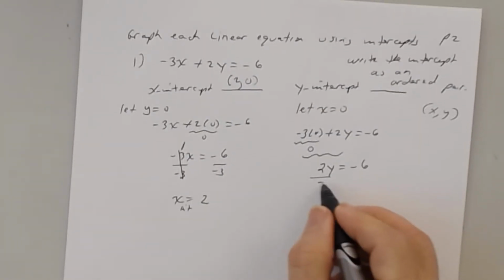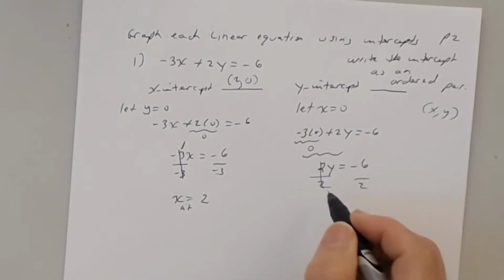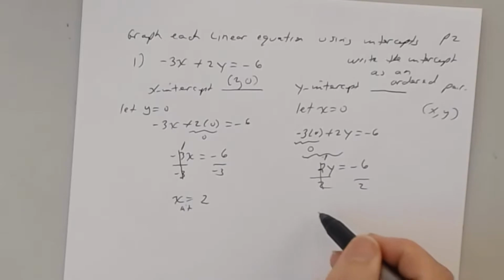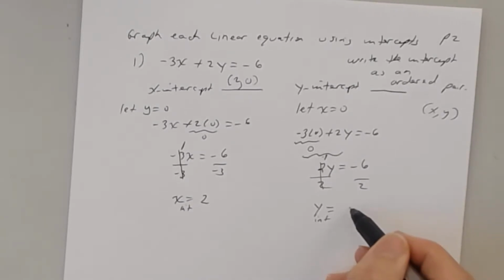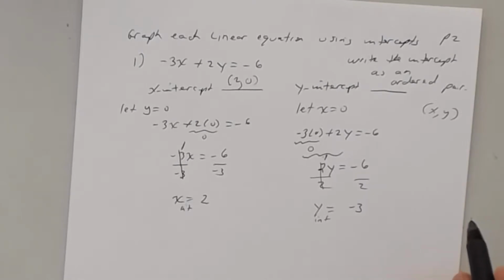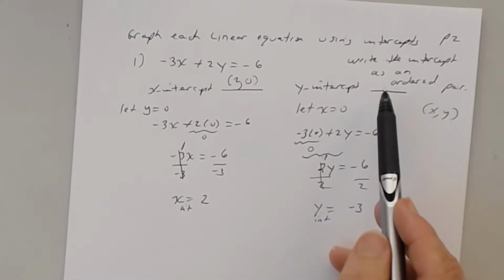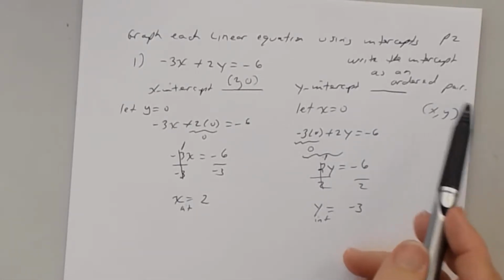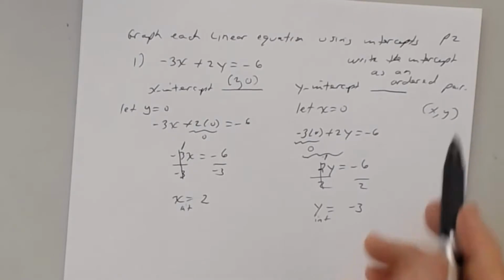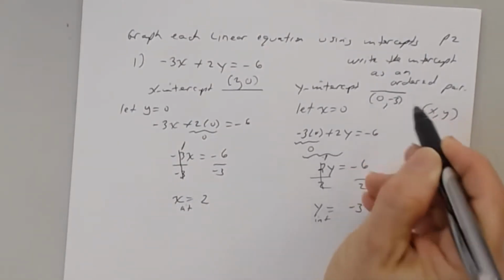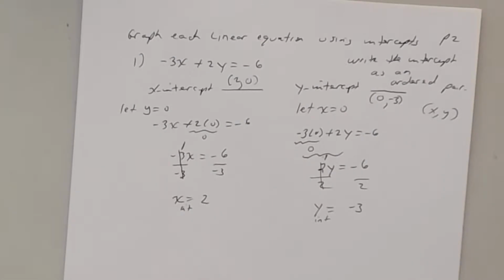It makes sense because 2 divided by 2 is 1. 1 times y is y. So what's the y-intercept? Negative 3. If it didn't say anything about writing an ordered pair, then you could put negative 3 in the blank. But it did say an ordered pair. So what must you put in that blank? 0, negative 3. All right, make sure you put 0 in the right place.